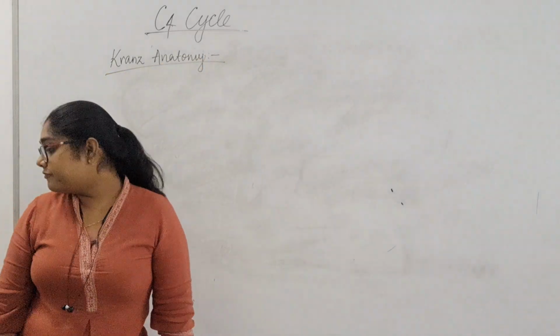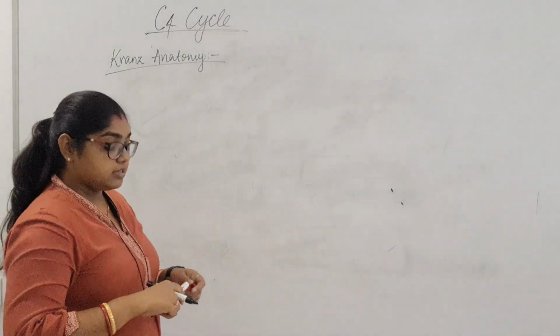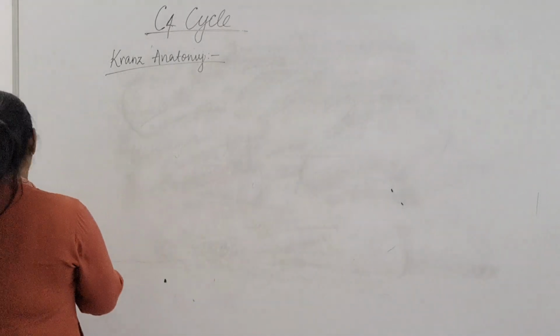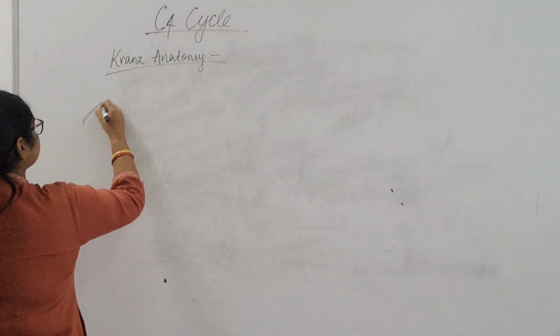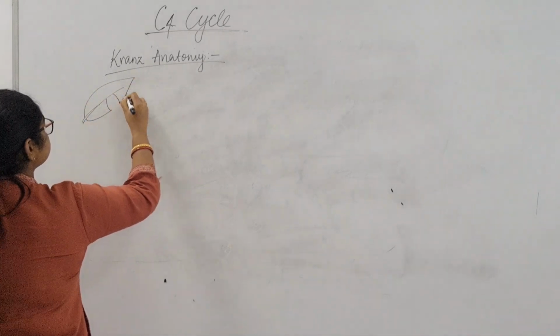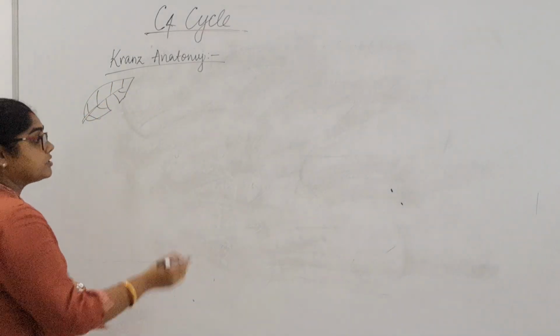Okay. So if we look into a section of the anatomy of a leaf, let's say this is a leaf. So we'll take these sections. Now we'll see the anatomy of this section.